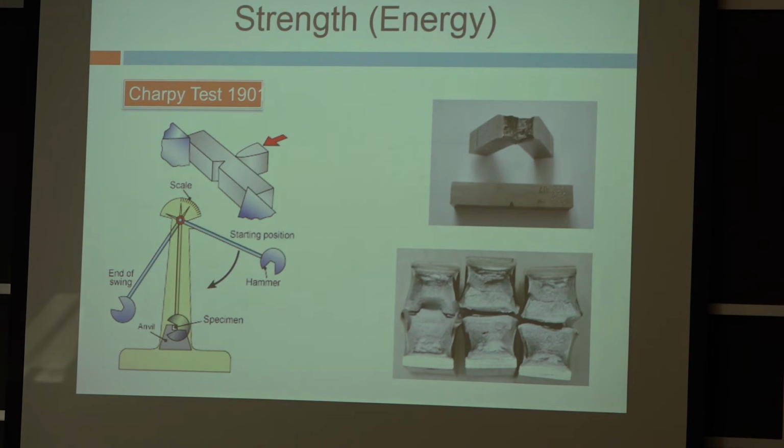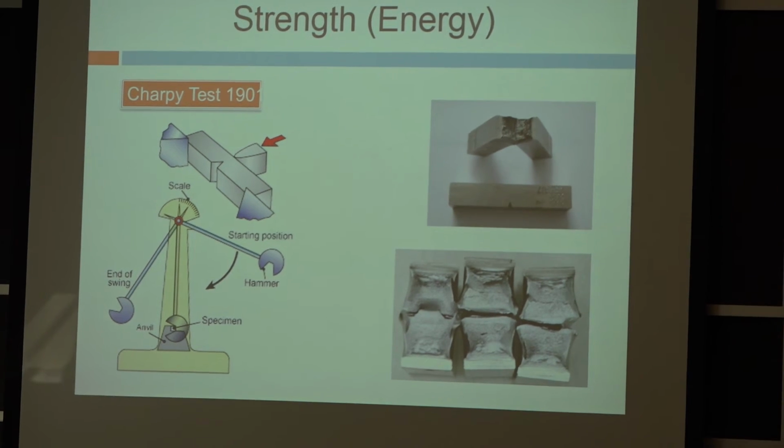you'll see how simple a test it is, because in 1900 you didn't have computers and couldn't do crazy simulations. This test is basically a swing where you put your Charpy sample in the holder, and you can do this at different temperatures. You could put it in a bath and let it sit for 10 minutes, take it out and test it.